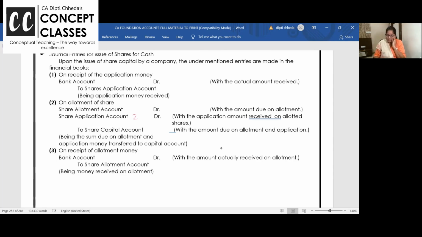And then allotment will become due. अच्छा, application is received first and then it gets adjusted. Application to capital. Allotment will become due first. Okay, on this date you have to do the allotment. So share allotment to capital will become due first, and then bank to share allotment. The money is received.